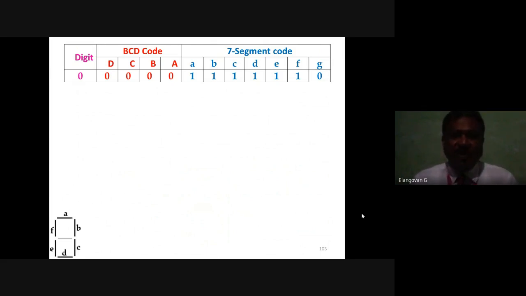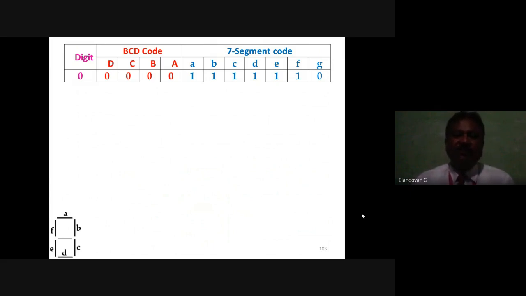But in real-time applications, common anode will be used most of the time, so the ones are converted to zeros. That will be out of our scope. Anyhow, the segments to be turned on we will make as 1, and the segments to be turned off we make as 0. That alone we are concerned with here.